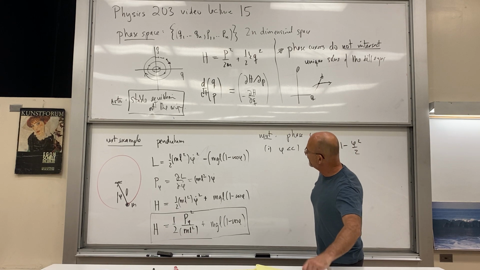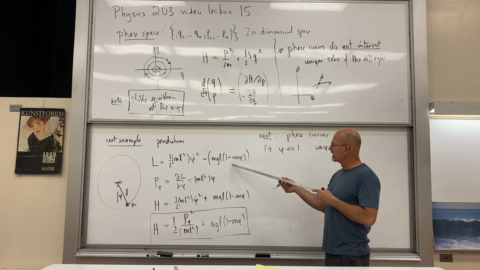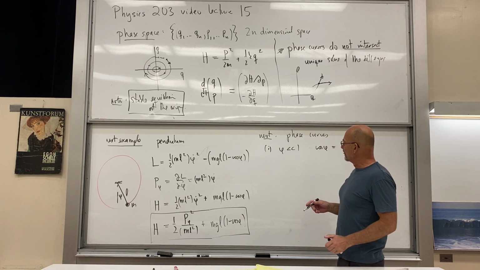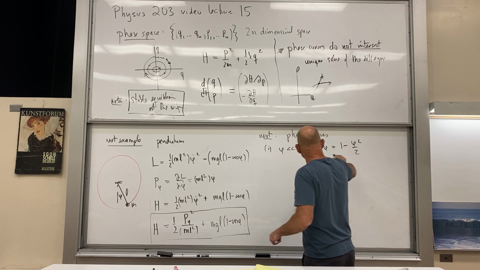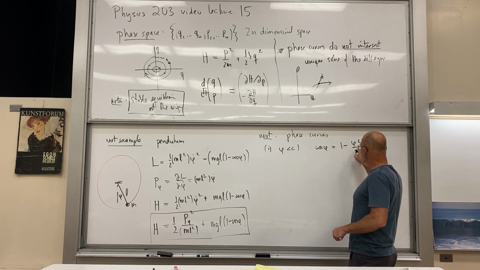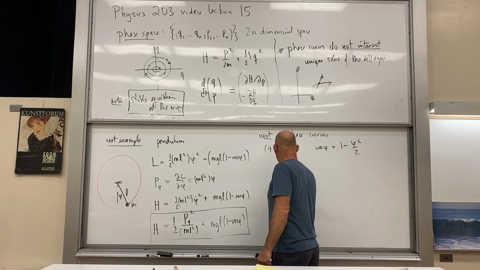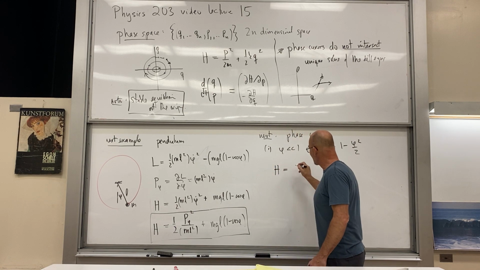Make sure you see where this came from, mgl(1 minus cos phi). But now when I do my expansion, cosine phi is 1 minus phi squared over 2. I'm not changing the name of the Hamiltonian each time.